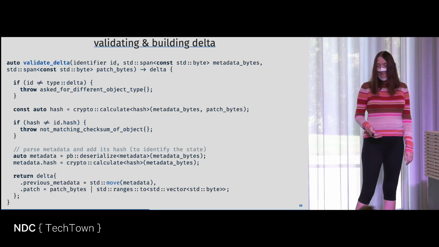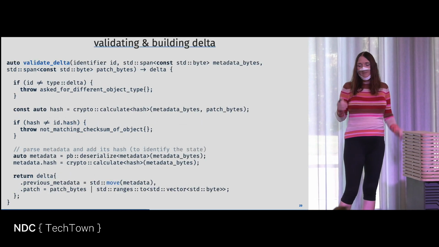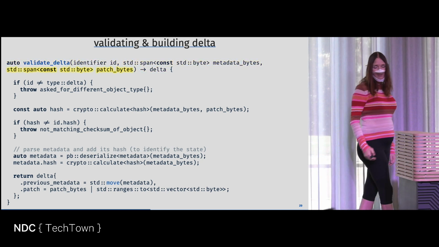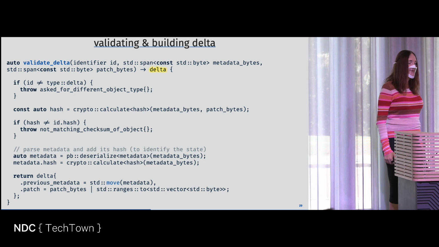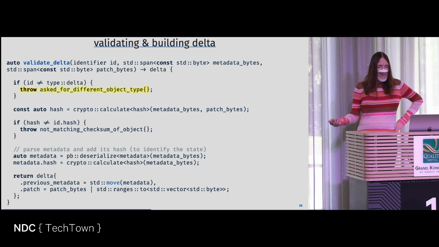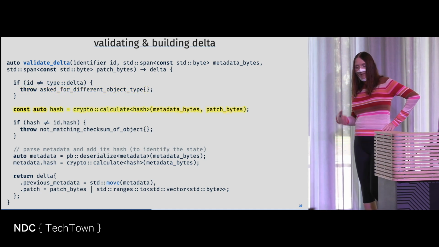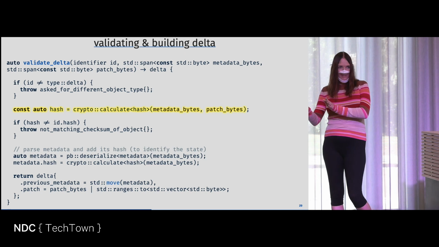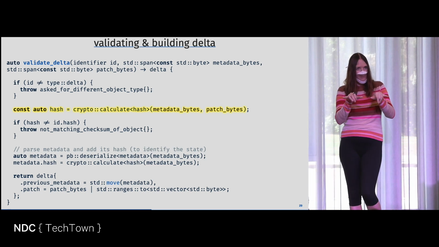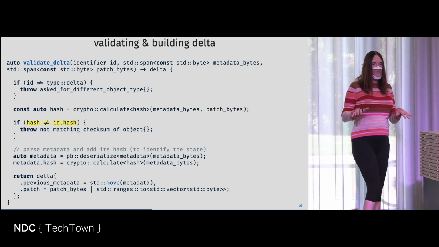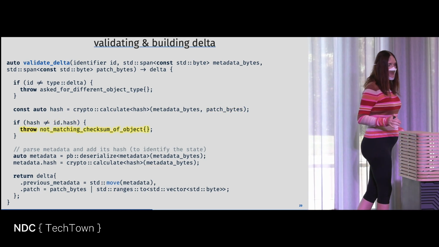Yeah. And delta looks similar. You take identifier, metadata bytes, and patch bytes, and return delta. If you didn't ask for delta, obviously it's an error. Then you calculate a hash of metadata bytes concatenated with patch bytes, because you need to trust both of them. And if the hash doesn't match what you asked for, it's an error.